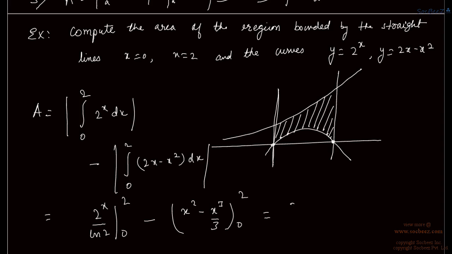This is equal to 3/ln 2 − 4/3. So this is the value of the area, in square units. Now we will be solving some problems.